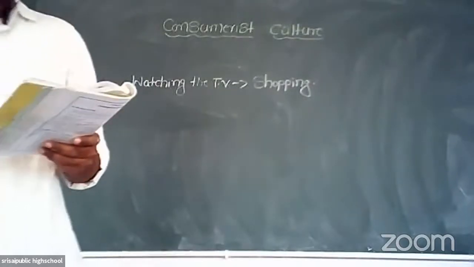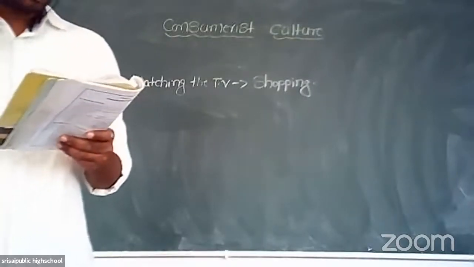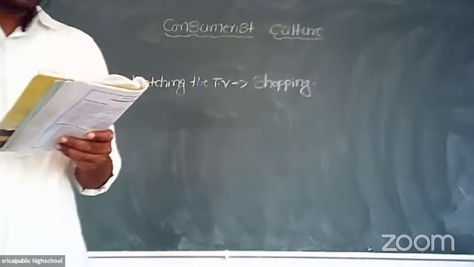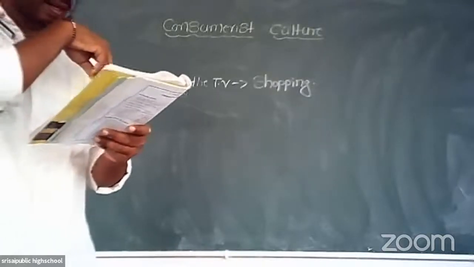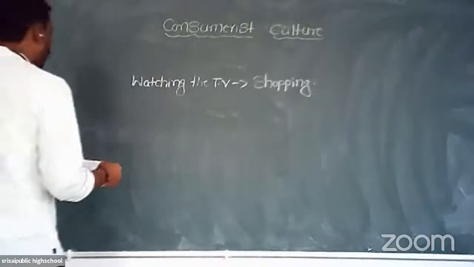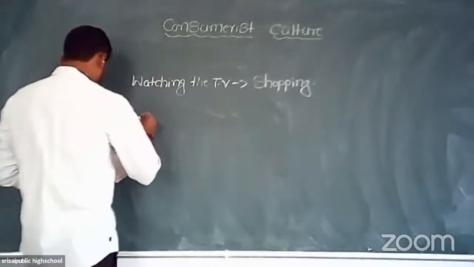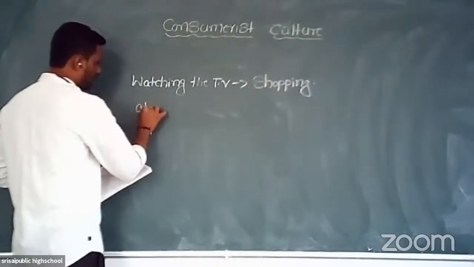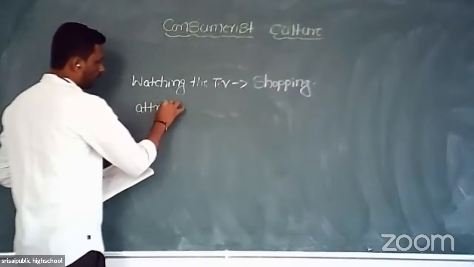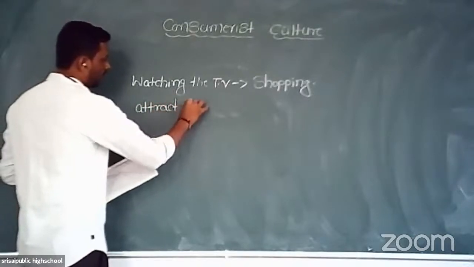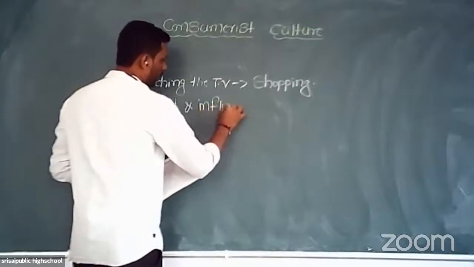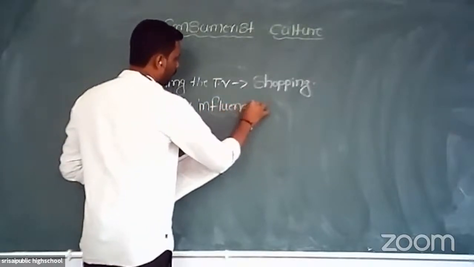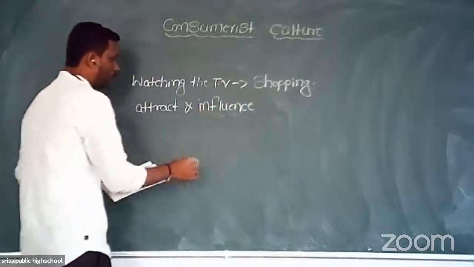What is that? The advertisement will attract and influence the buyer. First it will attract, then influence. Which thing will do it? TV. The advertisement will do it through TV or media.